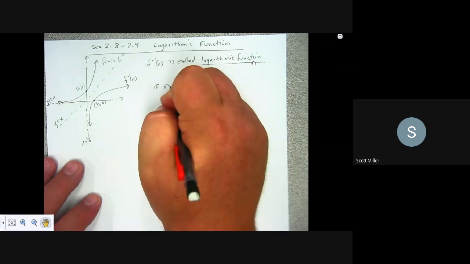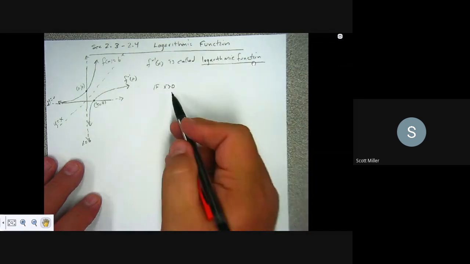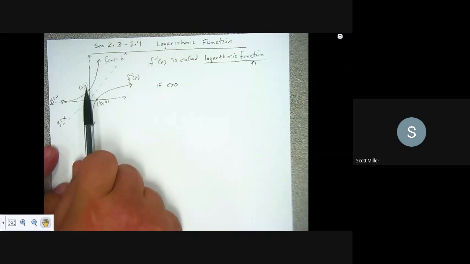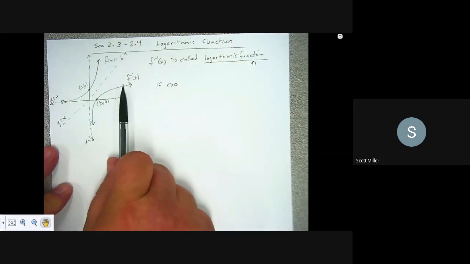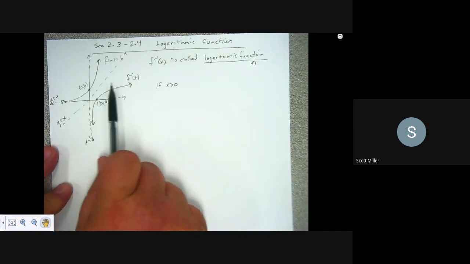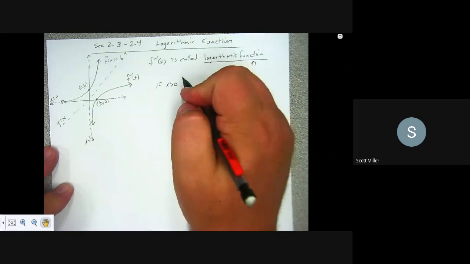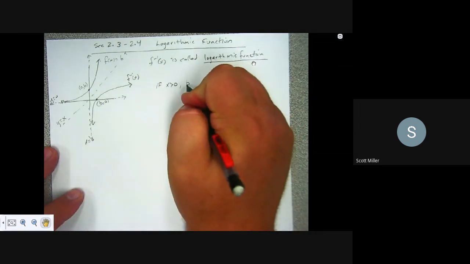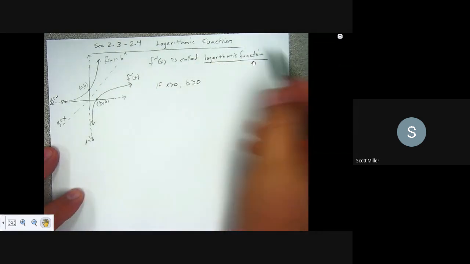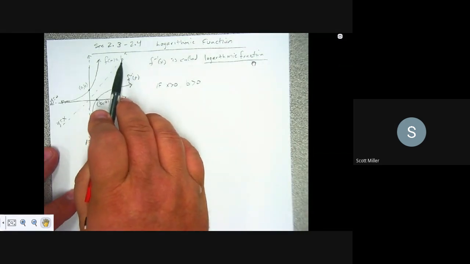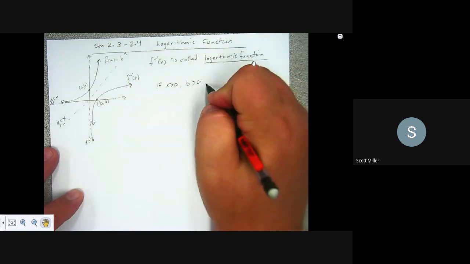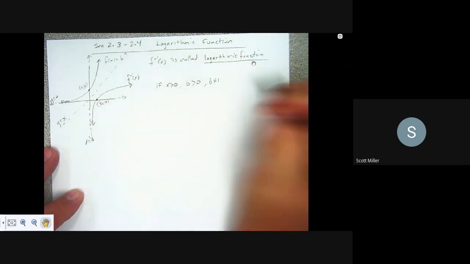So if x is greater than 0, why? Because that's the domain, x has to be bigger than 0. If x is bigger than 0 and b is greater than 0, why is that? Well, because we can't have a negative base number. And we know that b can't be equal to 1.